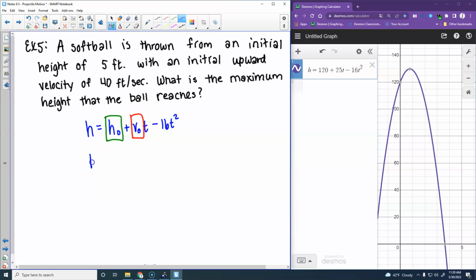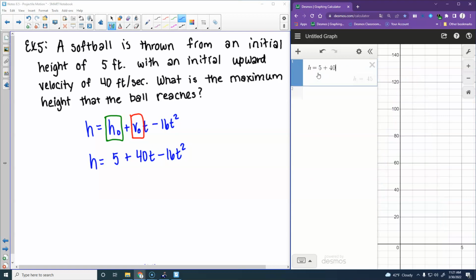In this case, what is our initial height, that H sub 0? 5 feet. So 5 goes right there. What is our V sub 0, our initial upward velocity? 40. Good. And then the rest of it's always just the same. T minus 16 T squared. So that is our equation. H equals 5 plus 40T minus 16T squared. And so we will type that in.